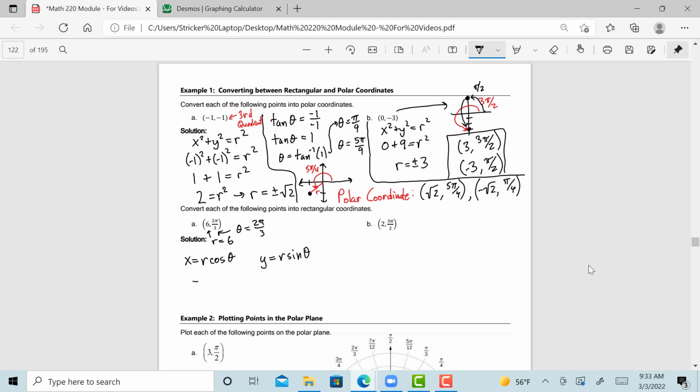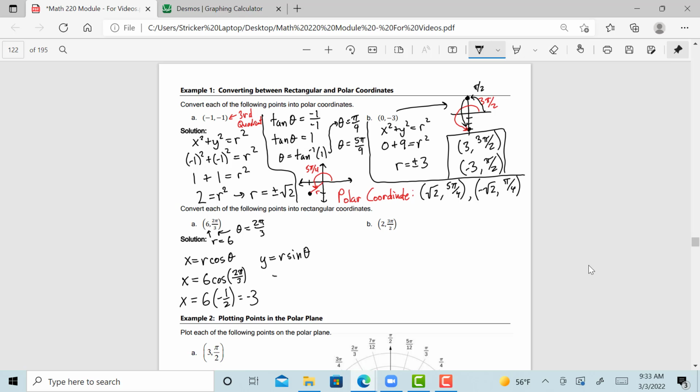So we get here 6 times the cosine of 2 pi over 3. And then when we do that, we know that the cosine of 2 pi over 3 is negative 1/2. So this is 6 times negative 1/2, which is negative 3. So x is equal to negative 3.